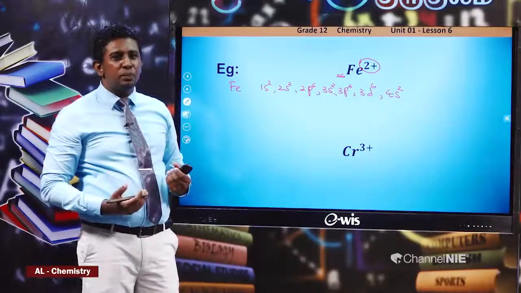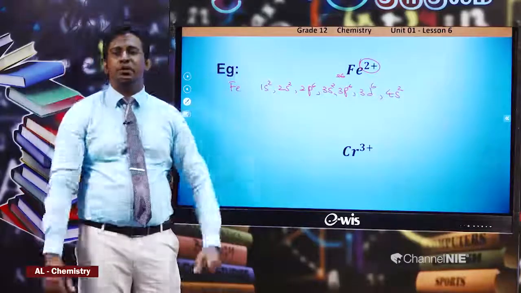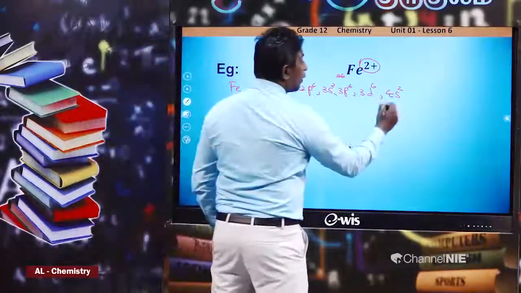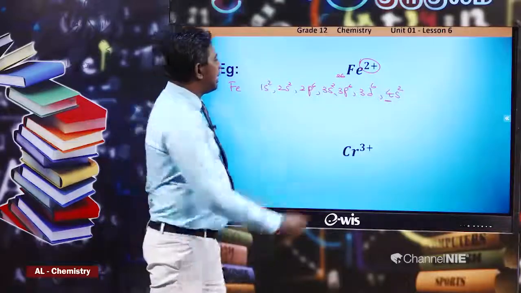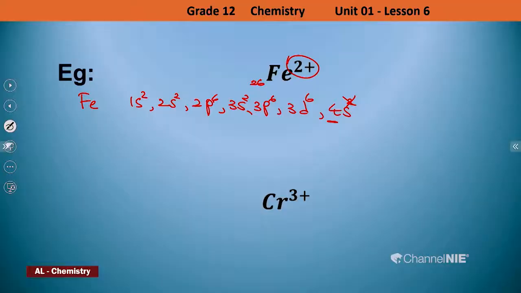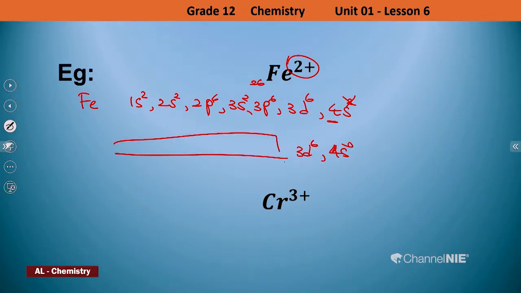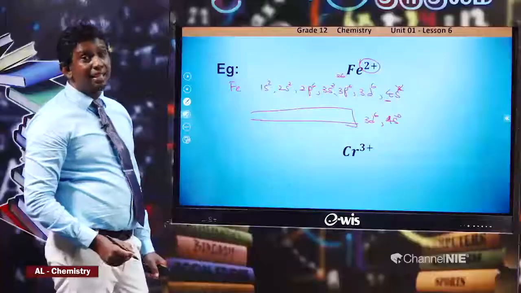You remove electrons from the outermost shell, not subshell. The outermost shell is the 4th. You remove 2 electrons from this, so it has to be 4s0, 3d6, while all the others are the same. That's what you need to do regarding the electronic configurations of cations.